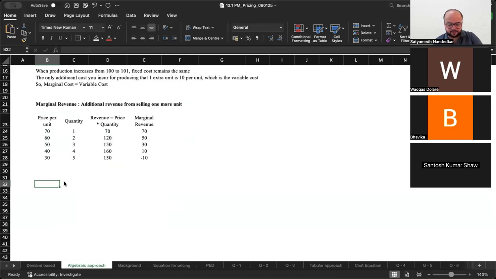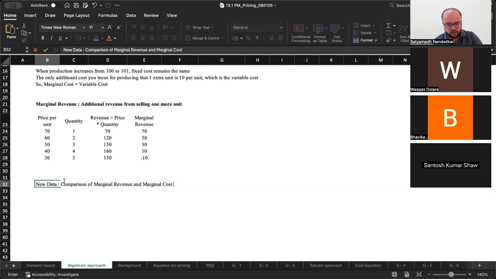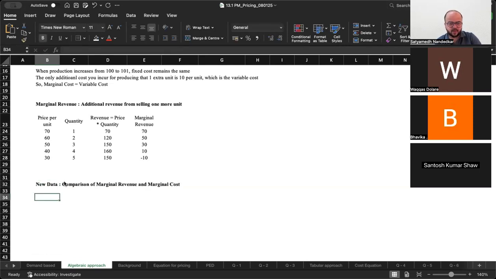So, new data, comparison of marginal revenue and marginal cost. सिंपल प्राइसेस रखते हैं. प्राइस पर यूनिट, ये एक्चुअली ऐसे का ऐसा कॉपी करते हैं.